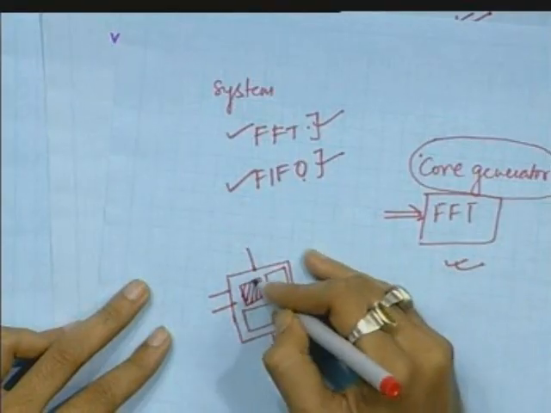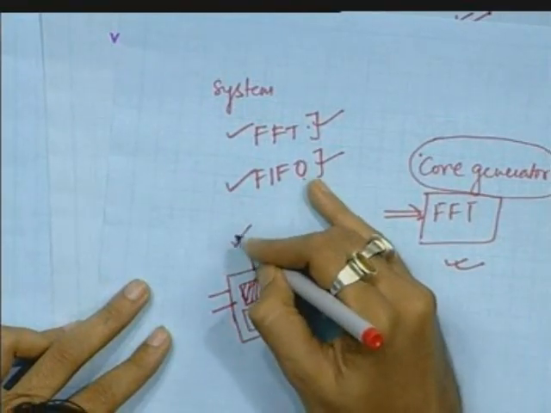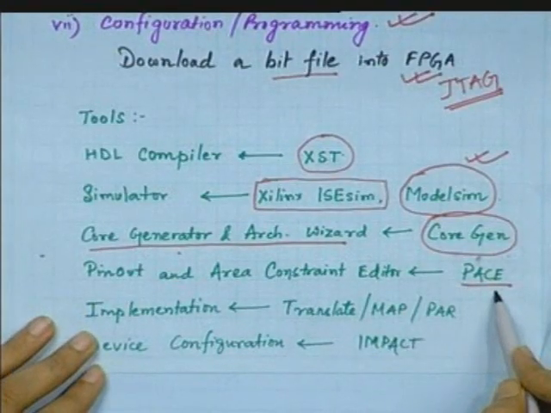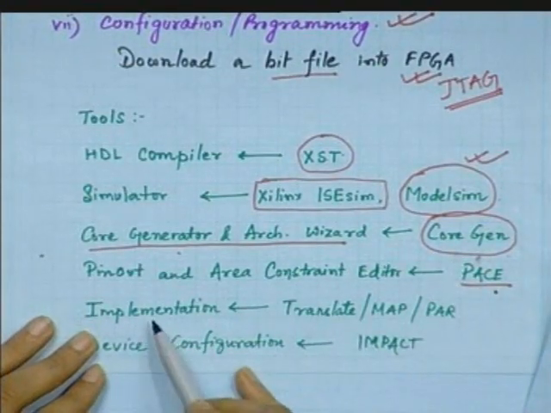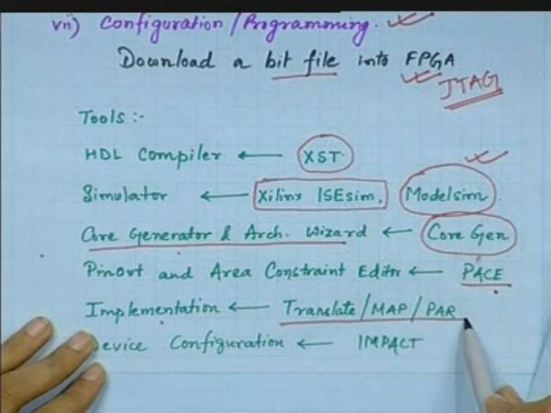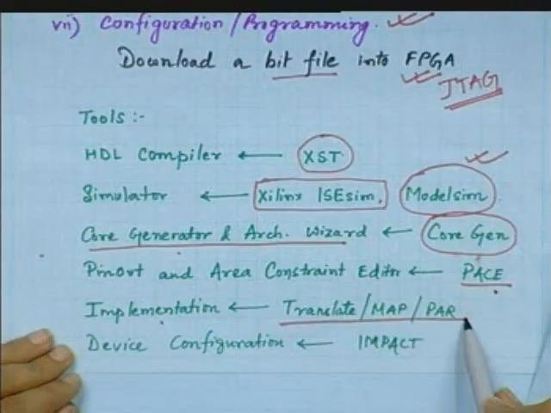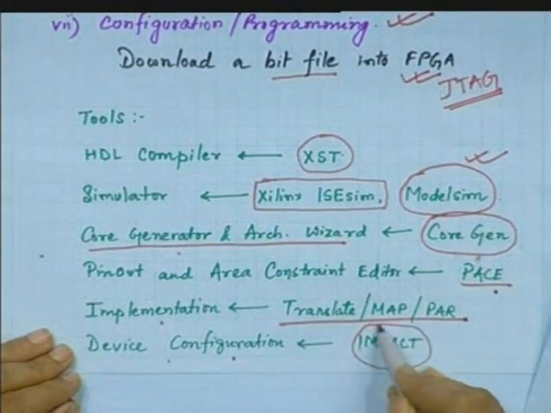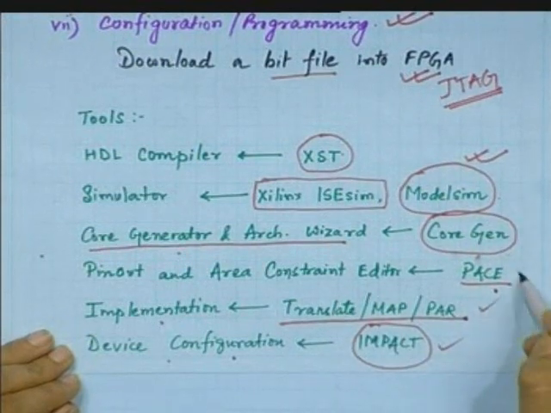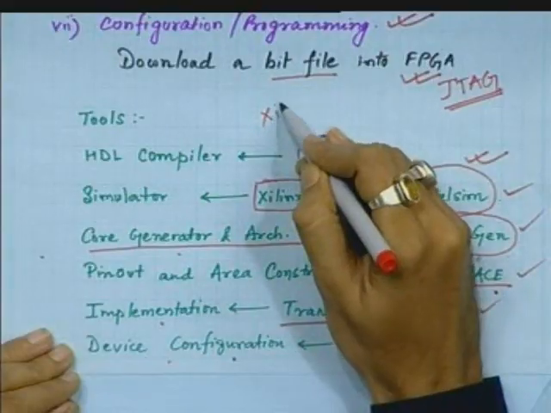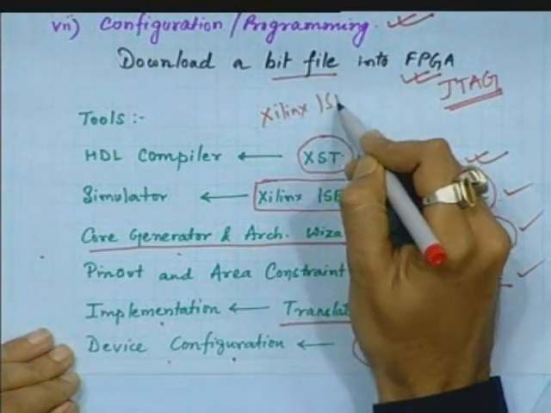So this area constraint and pin constraint are given through the tool called PACE. Then implementation is done by translate, map and PAR, the tools of Xilinx itself, and then the device configuration is done by a tool called iMPACT. All these tools can be accessed through the Xilinx ISE.